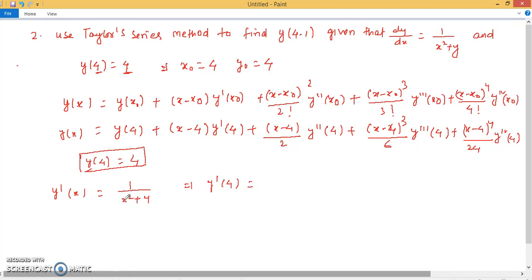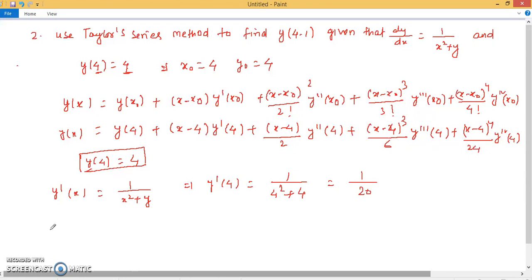You put x is equal to 4 and the y value, which is the preceding value, that is y naught, which is 4. So 1 by 4 square, 16, plus 4, that is 20. So we'll get 1 by 20.